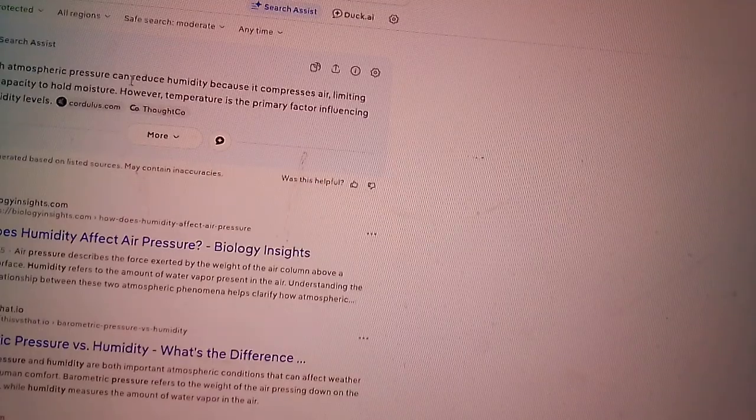Like I said, I did a video on the 29th and the 31st, and high atmospheric pressure can reduce humidity because it compresses air, so by installing high pressure zones, they reduce the humidity, and now they'll allow the low pressure to move through, knowing that it's not going to cause much rain at all.